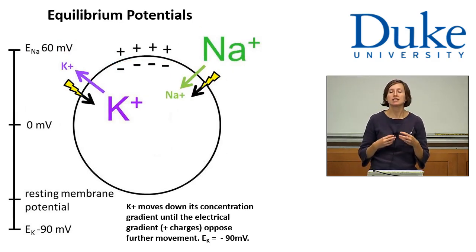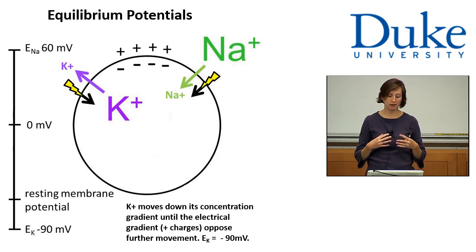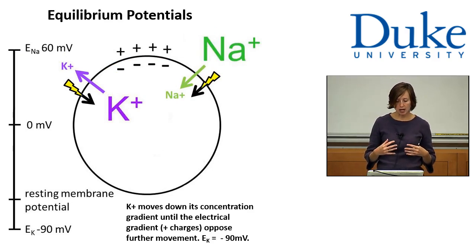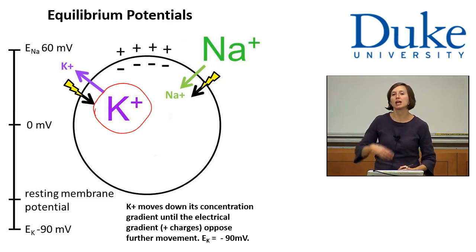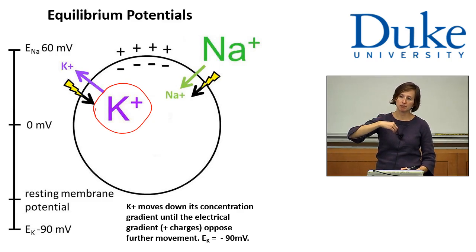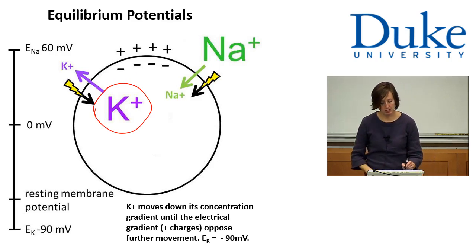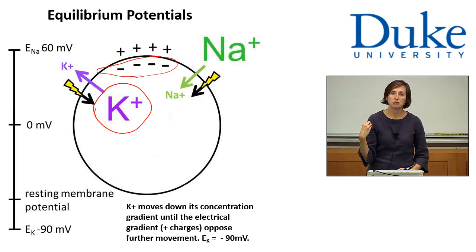We can look at the same case for potassium, which we have a little bit previously, where we said it's going to be more concentrated on the inside of the cell, which means our chemical gradient is trying to get potassium to leave. But because our resting membrane potential is negative, when we first open the potassium channels, potassium wants to enter the cell.